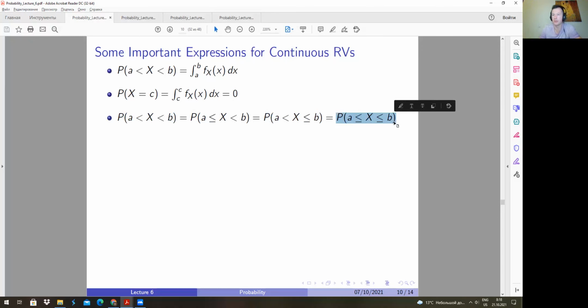So actually, there is no mistake if you write strict inequality or weak inequality, both work in the continuous random variable case. Of course, in the discrete case it doesn't work, because for a discrete case this probability is non-zero, and then you may fail with your logic if you substitute weak inequality with strict inequality. For a continuous random variable, it doesn't matter.